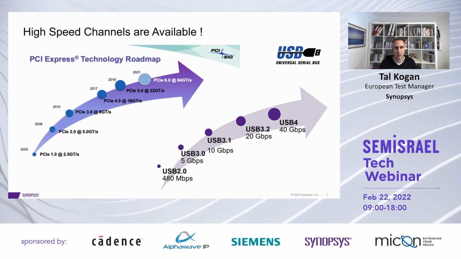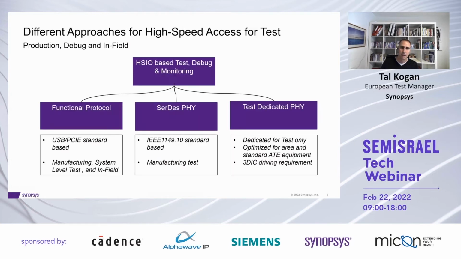And usually, of course, it's utilized for functional reasons, but a revolutionary idea would be to use that bandwidth for test purposes. Now, that can happen either in production mode, or it might even happen in the field. And we'll talk about that along the way.